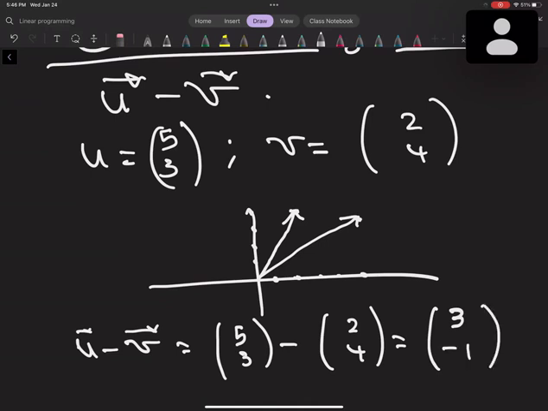So I need to go to 1, 2, 3, and then minus 1. So this is the difference, and this is u minus v.